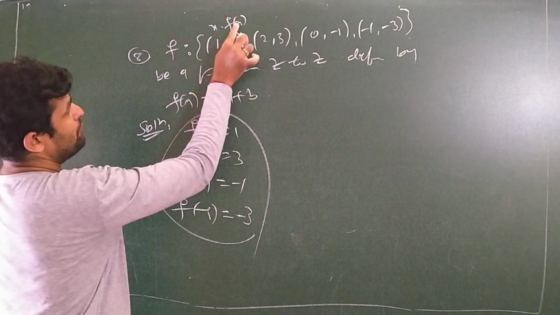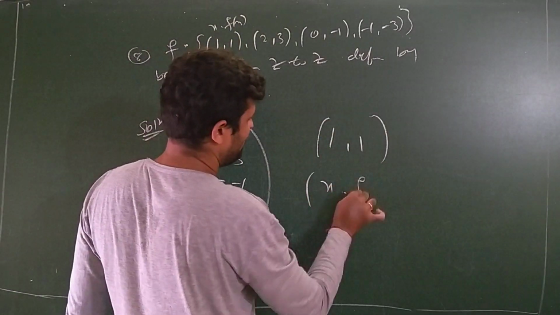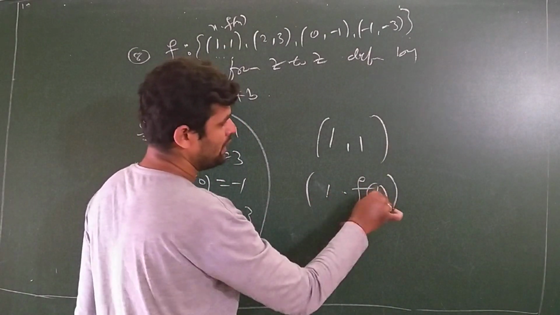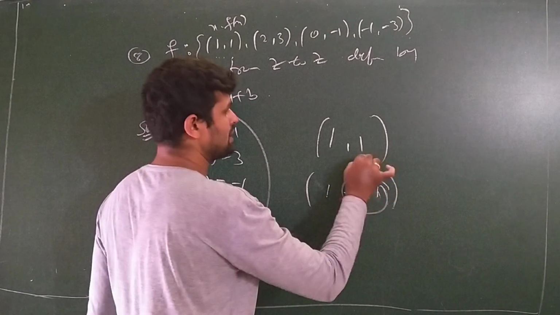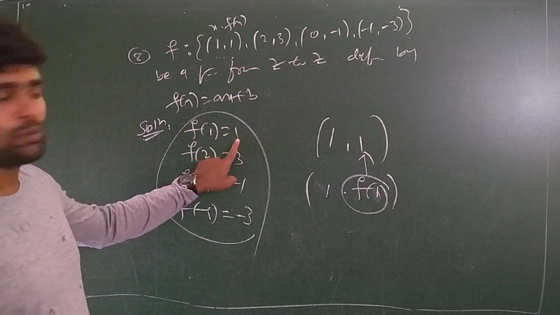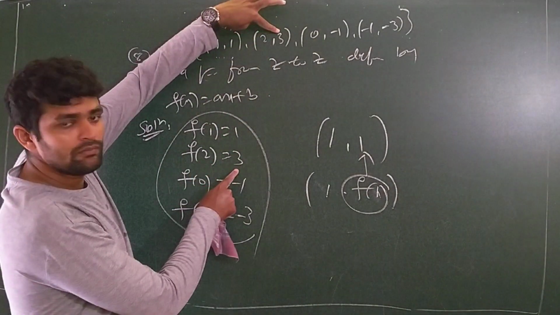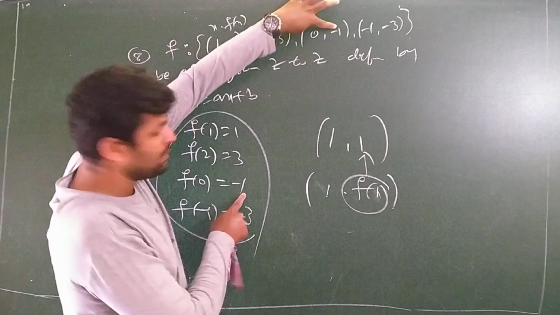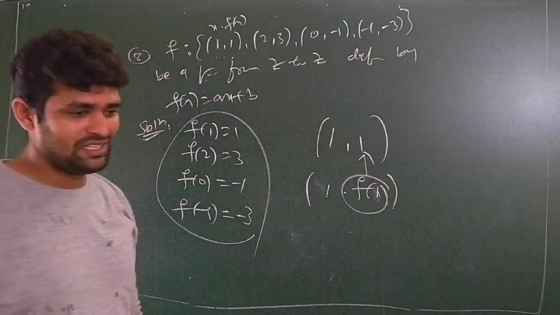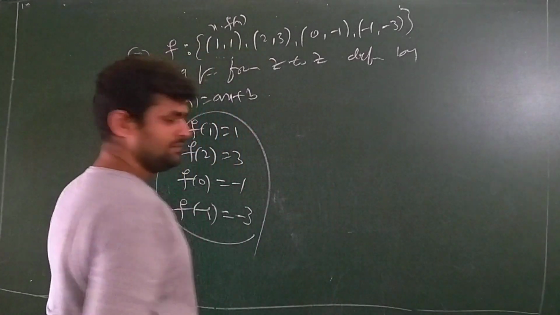If I replace 1 here, in place of f of 1 there is a number 1. In place of f of 2 there is a 3. In place of f of 0 there is a minus 1. In place of f of minus 1 there is minus 3. Is it okay? So easily you can get it.